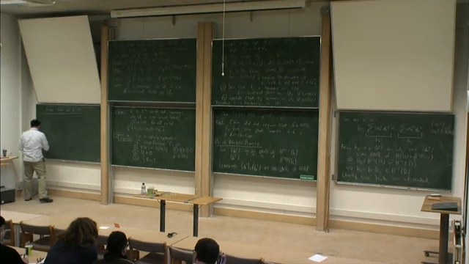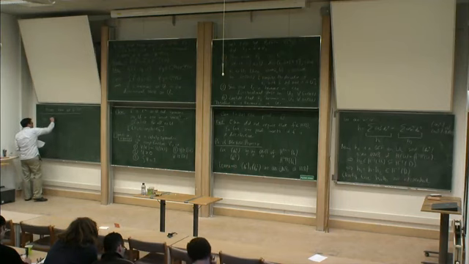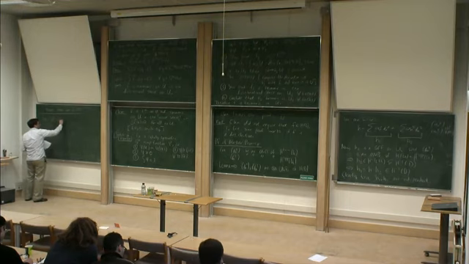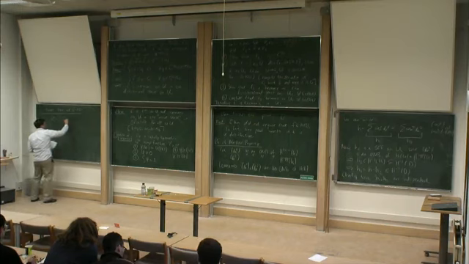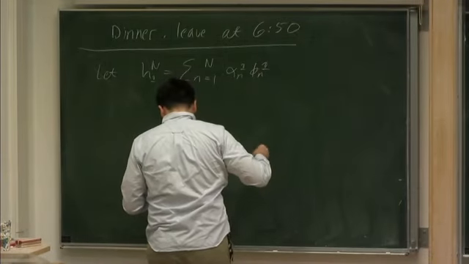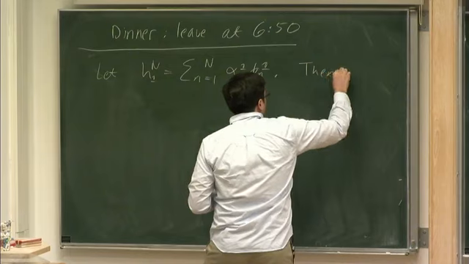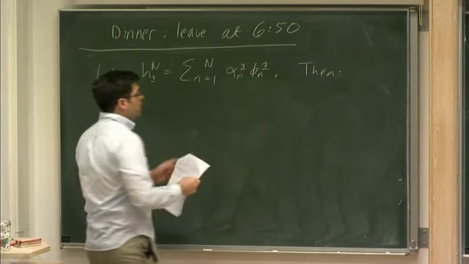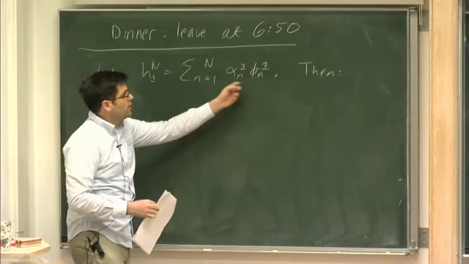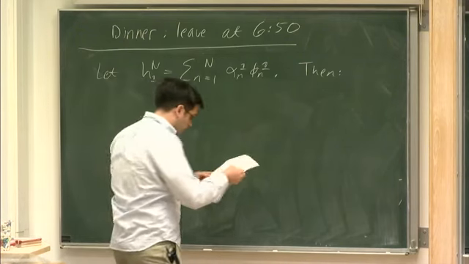To do that, I'm going to let h1 superscript n just be the truncation of the series expansion for h1 up to n. Then this function clearly is harmonic because it's now just a finite linear combination of harmonic functions.